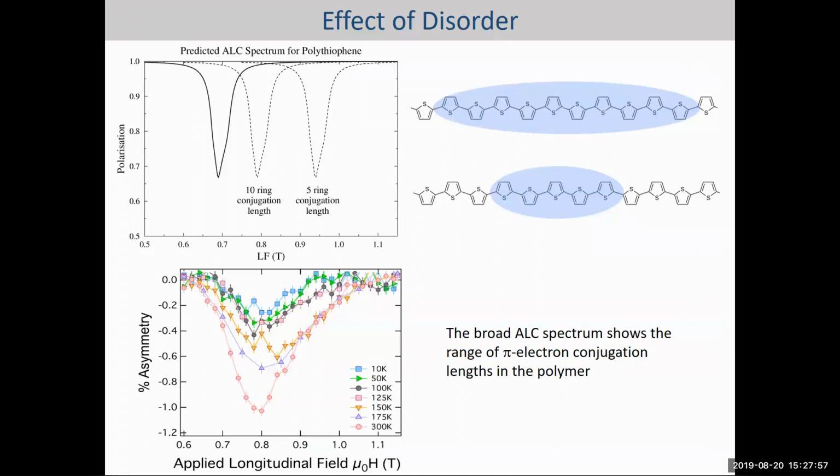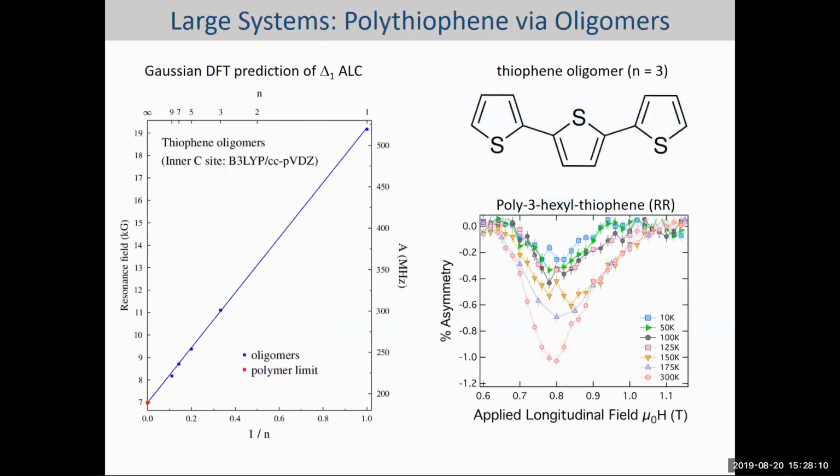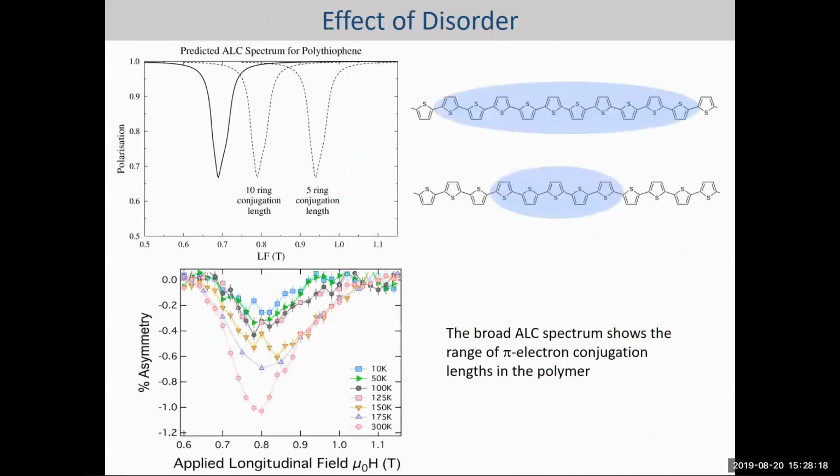But in a disordered polymer, you basically limit the conjugation length by the conformational disorder. So if you only had a conjugation length of 10 rings, that would bring you back up the curve here to about 8 kilogauss. And likewise, if you had about 5 rings, you'd be about 9.5 kilogauss.